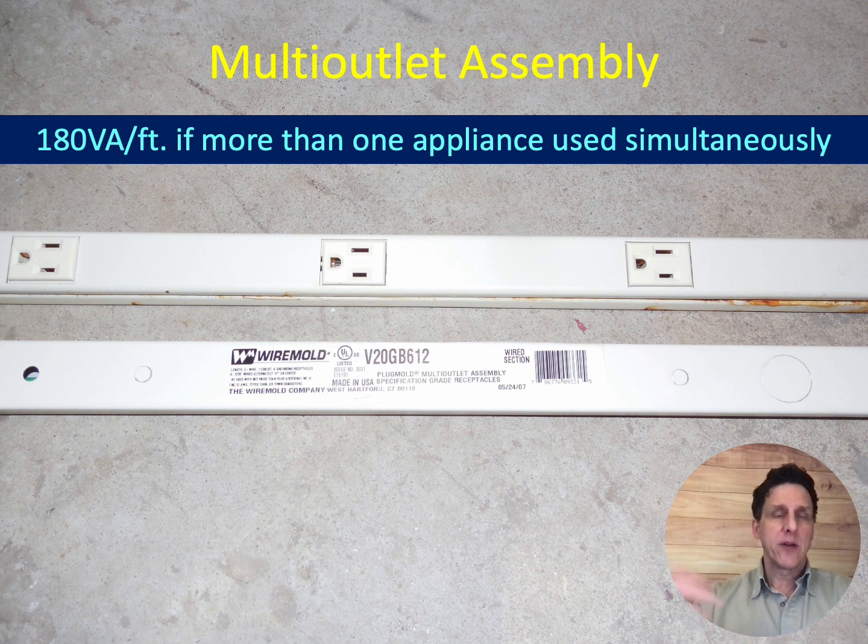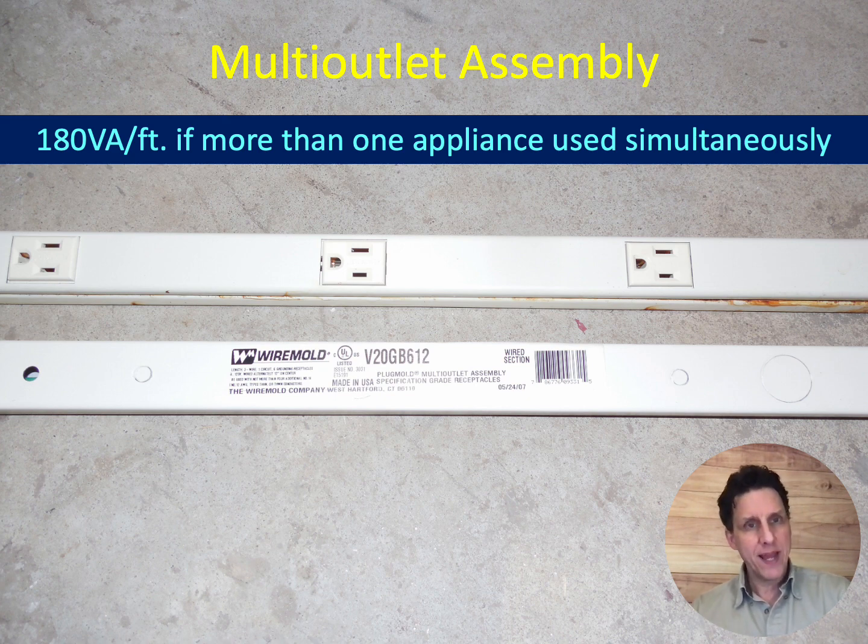So here's one of the calculations, right? It depends on if appliances are used simultaneously. And it doesn't matter how many receptacles there are. What matters is, are more than one appliance used simultaneously? Not lights, not power tools, appliances. Maybe it should include things like tools, because you might put this on a workbench, for example.